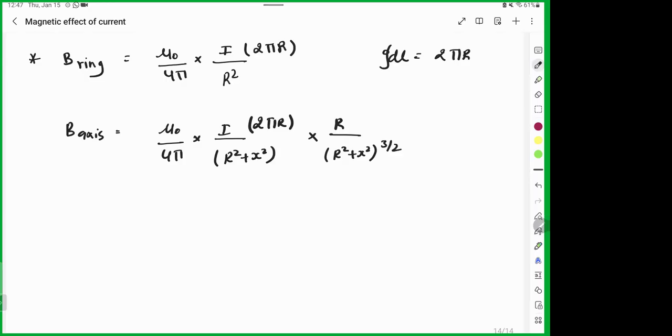If you take the ratio B axis upon B ring, what will happen?